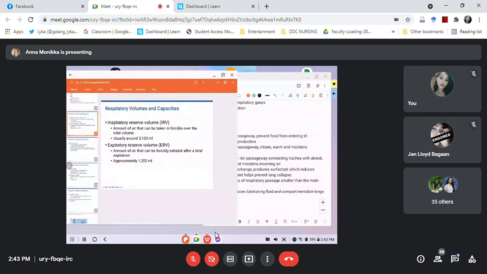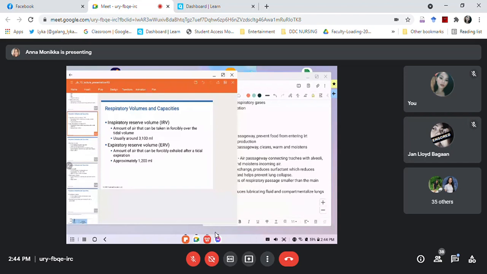This is the volume that can be forcibly inspired beyond tidal volume, up to 2,100 to 3,200, your inspiratory reserve volume or IRV. The expiratory reserve volume or ERV is 1,000 to 1,200 that can be expelled from the lungs after a normal tidal expiration.